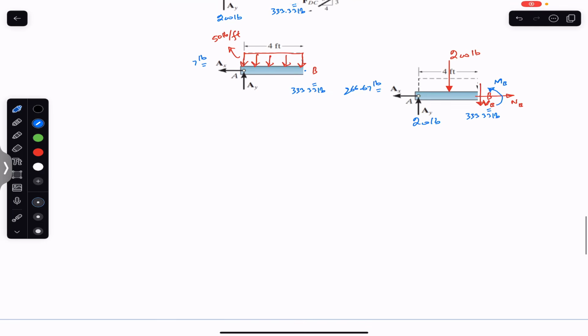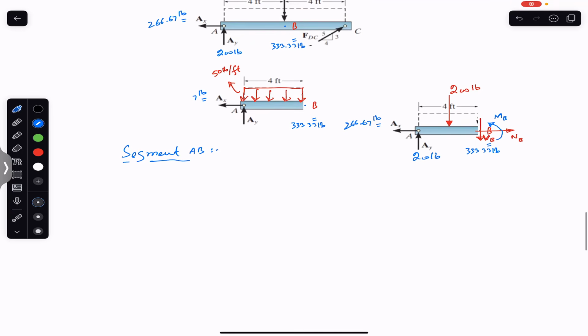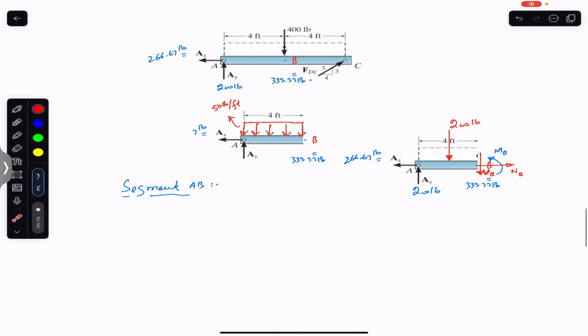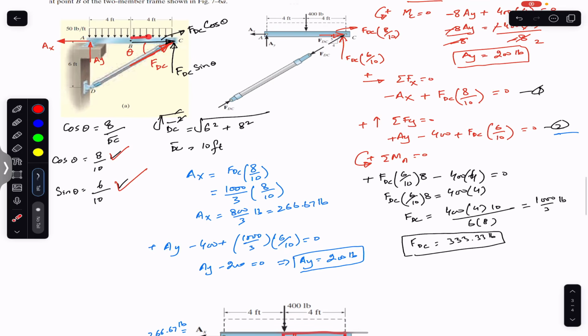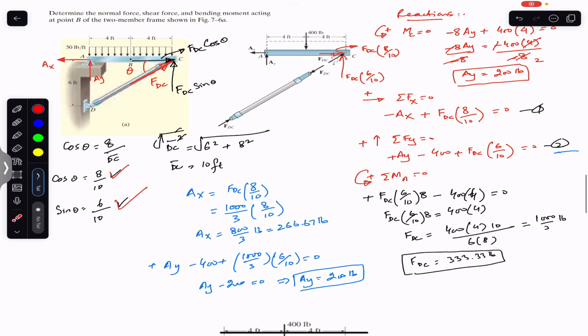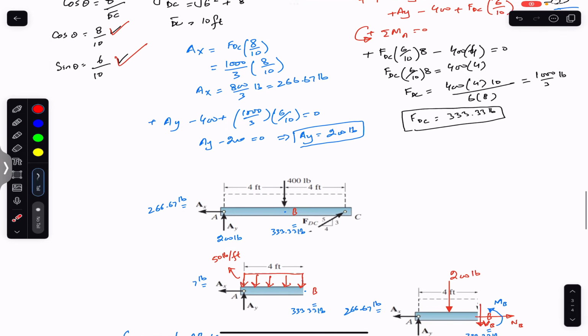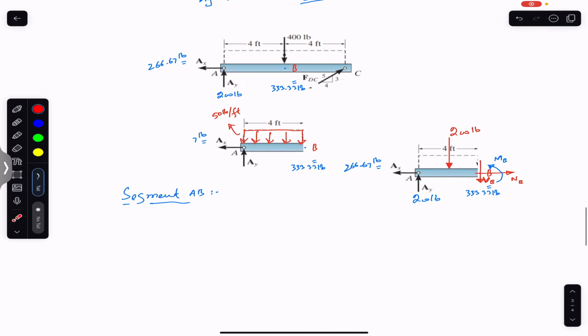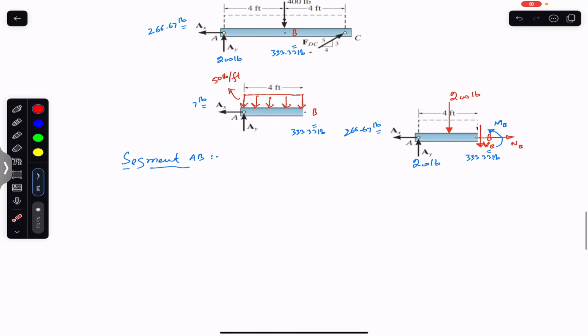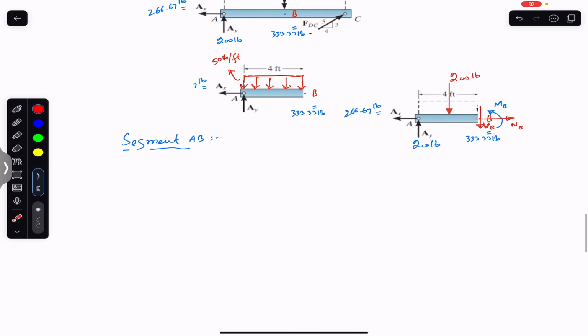Now we are considering segment AB for our calculation, and I will suggest you just draw the free body diagram of the BC segment and represent all the internal forces, that is normal force, shear force, and bending moment, and find the values of NB, VB, and MB, and then let me know in the comments if your answers are the same as mine, since I have considered this AB segment.